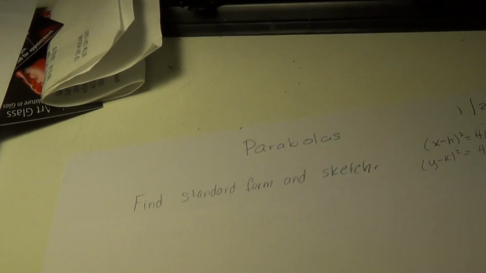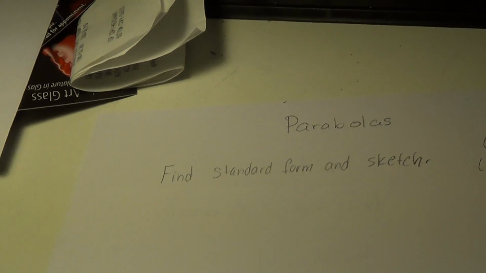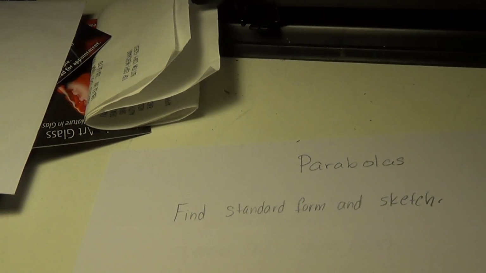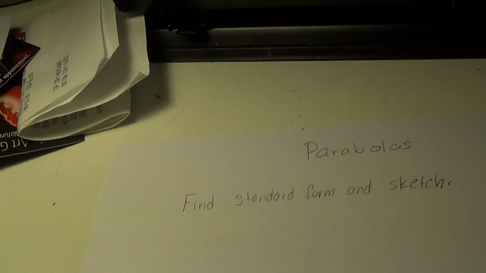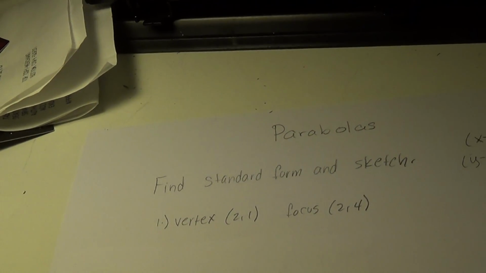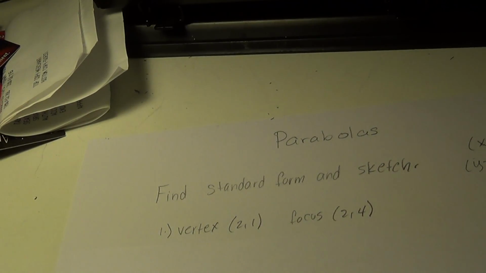I'm going to ask you to do problems like this, where we take a couple characteristics that are known and come up with standard form and sketch it. Here we know that the vertex is (2, 1) and the focus is (2, 4).